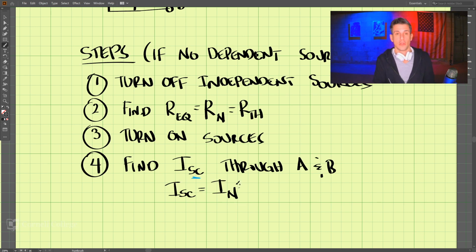So these are the steps if there are no dependent sources. Let's take a look at an example now with no dependent sources, using Norton's theorem.